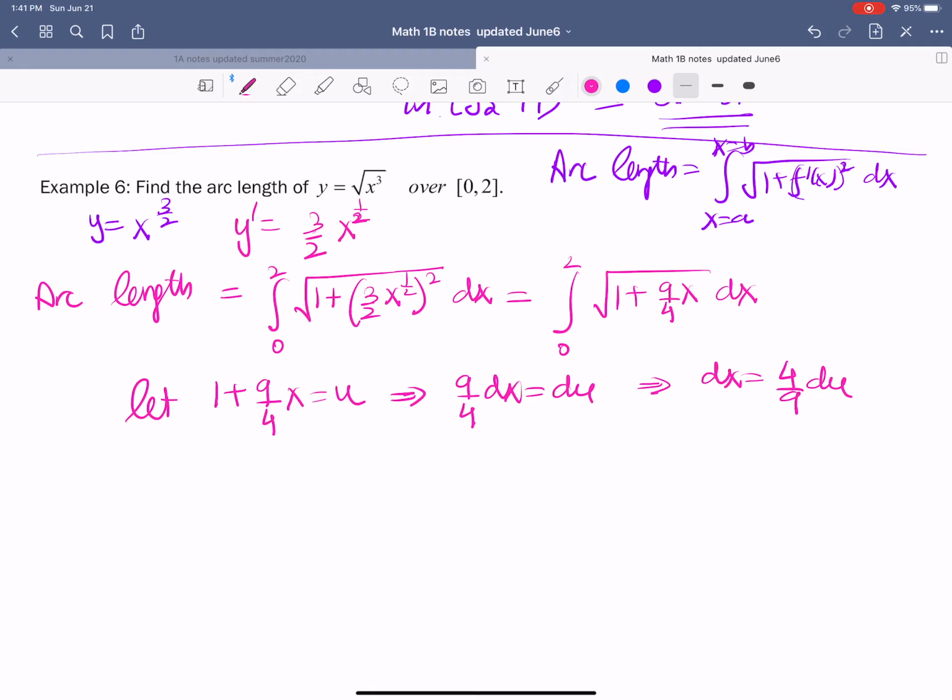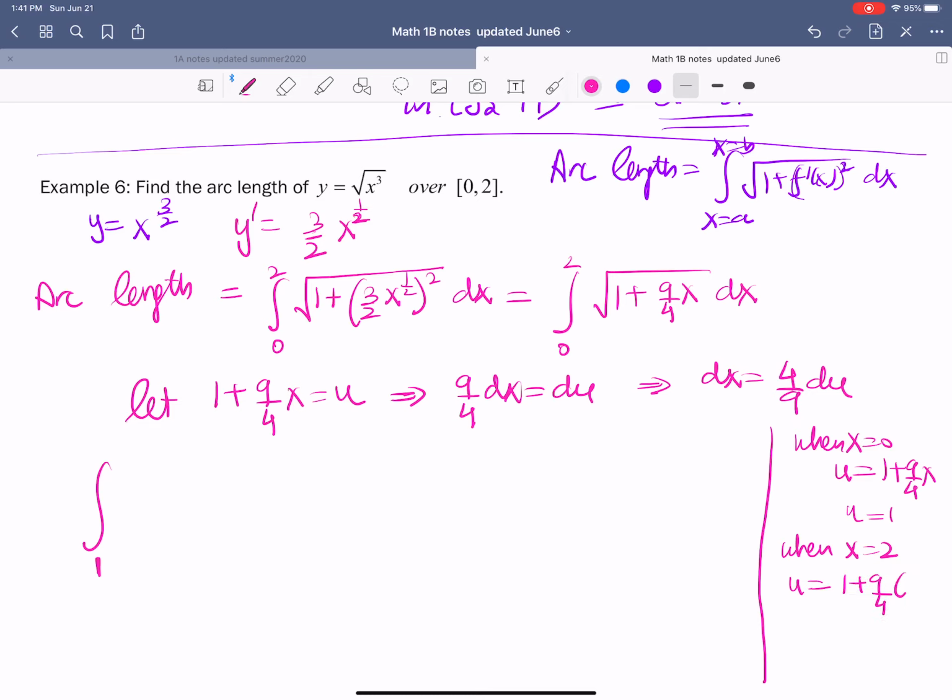If I change the entire integral into the u integral, when x is 0, u would be 1 plus 9 over 4 x, so u would be equal to 1. And when x is 2, u would be 1 plus 9 over 4 times 2, which is 1 plus 9 halves. And 1 plus 9 halves is 11 over 2, 11 halves.